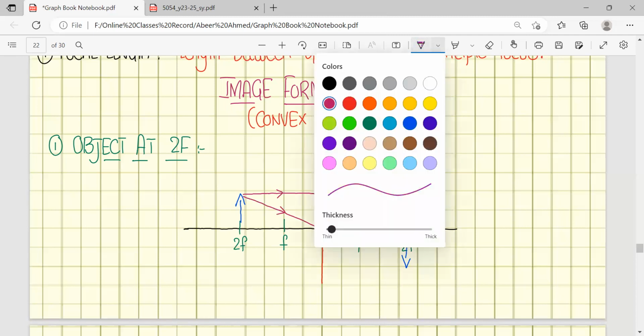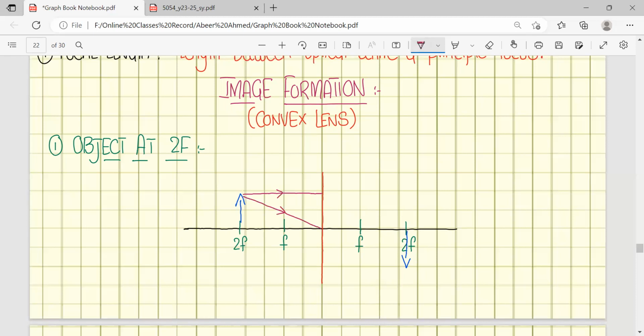Which means that all these rays are going to merge at 2f, right? Yes. So the image is going to be formed at 2f, right?